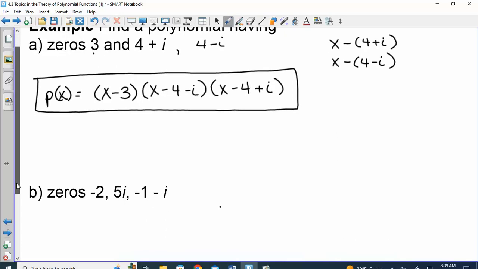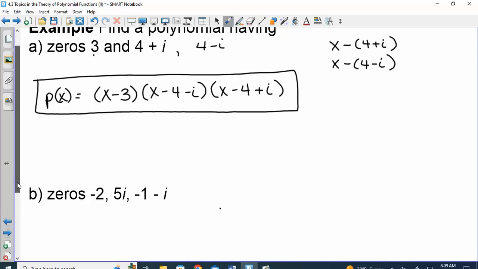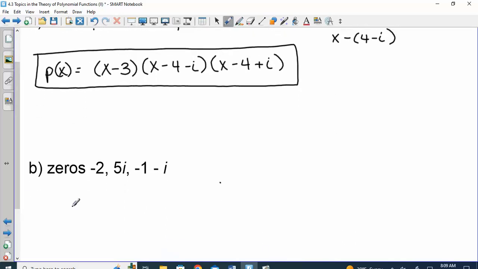So let's take a look at B. My zeros are -2, positive 5i, and -1 minus i. So what else has to be a zero? -1 plus i, and -5i both have to be.